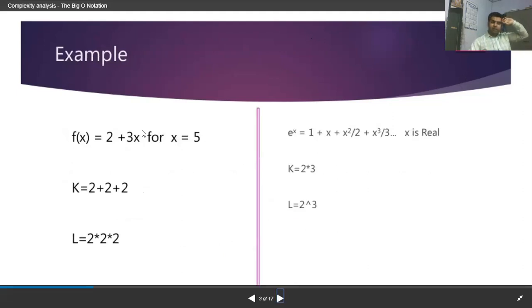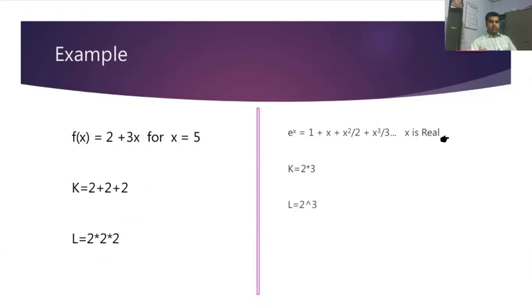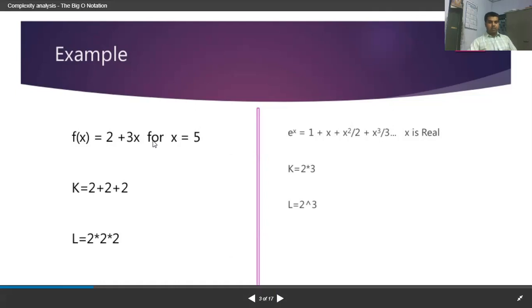You have a couple of examples here on the screen. As you can see, on the left hand side, 2 plus 3x for x equal to 5, and on the right hand side you have 1 plus x squared by 2 plus x cubed by 3 and so on, where x is a real number. Now on the left you have a constant value, you multiply, you add up, and you get the result f(x).